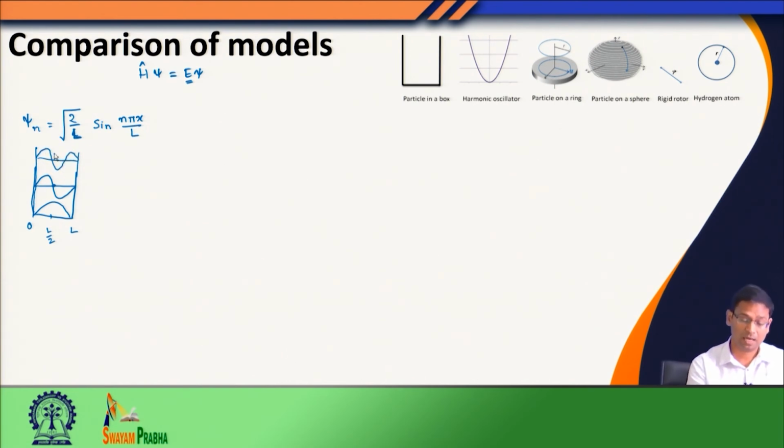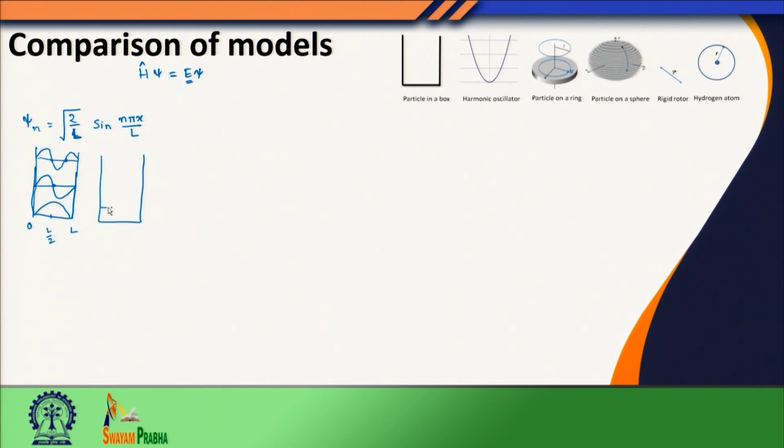So, as we go to higher and higher energy, the number of nodes increases, and when I draw the probability density, we would see that we have more waves coming closer, and in the same way when you go to a very large value of n, you would see more crests and troughs in this probability density appearing closer. So, it will essentially show a classical motion for large values of n.